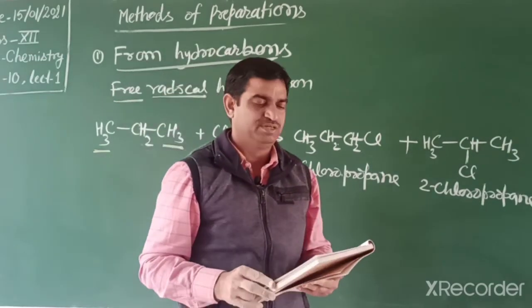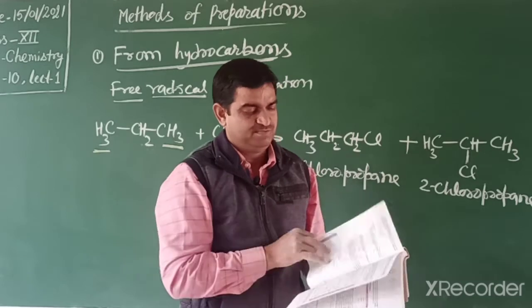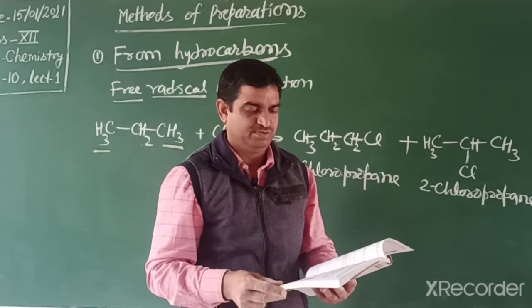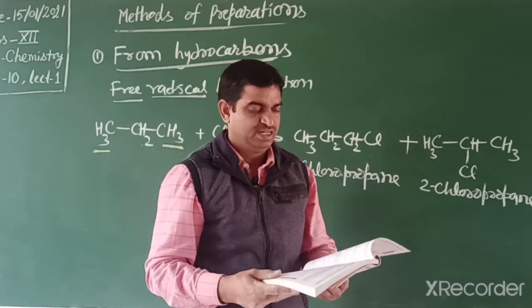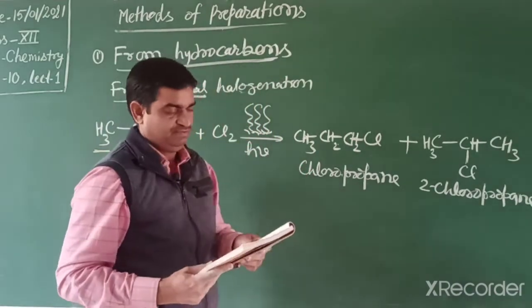In the textbook, on page number 289, a question is also given related to free radical halogenation.